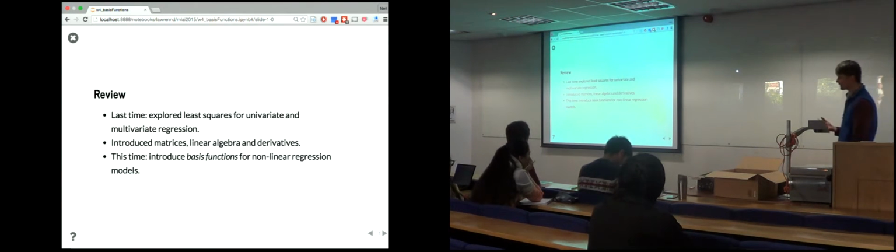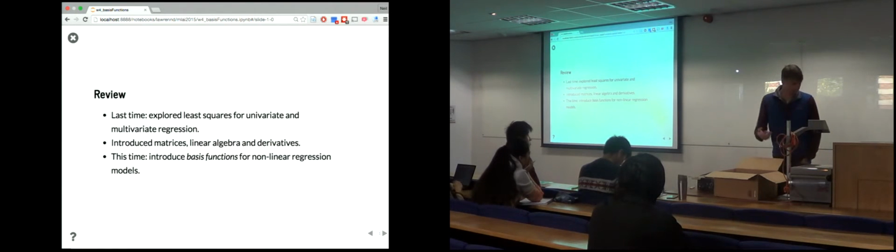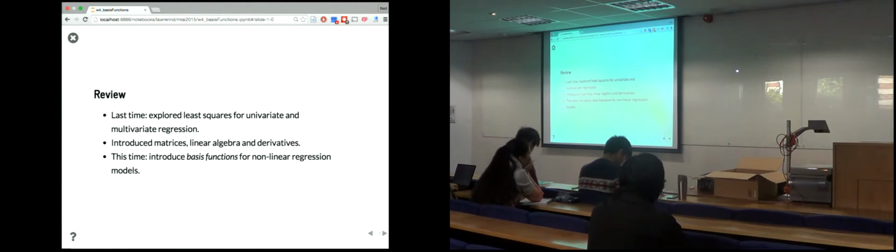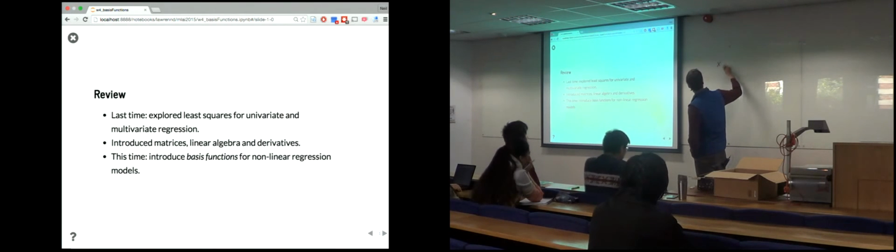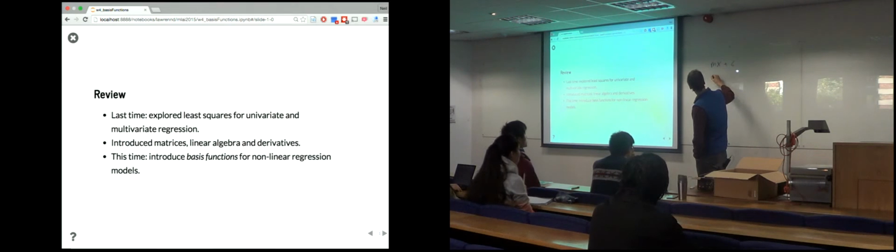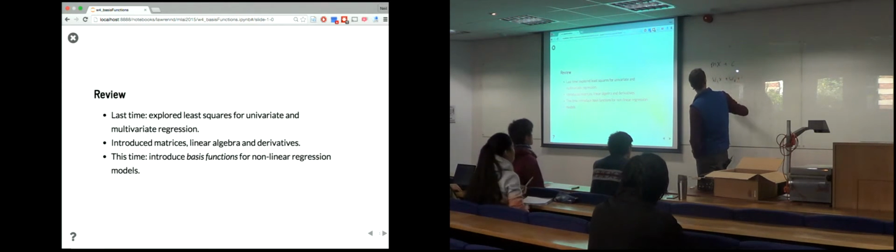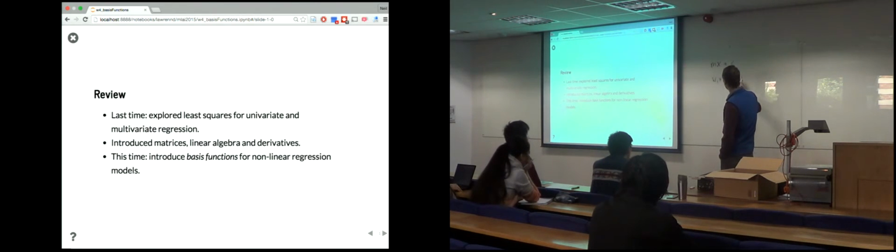In some sense, we've already seen basis functions in the most simple linear regression case. We've got x, and instead of saying mx plus c, we said we'd have w1 times x plus w0 times 1, which is effectively augmenting our data set.